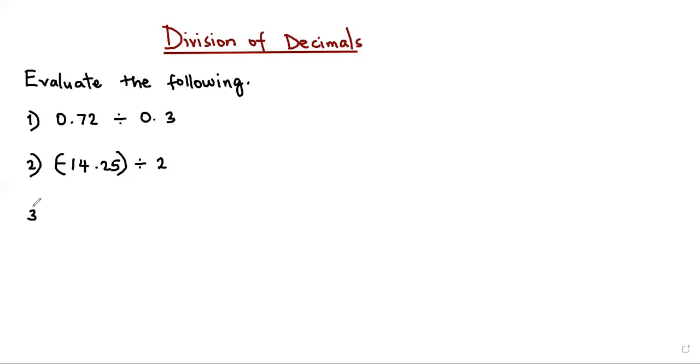And number 3 as negative 36.09 divided by negative 0.9. Okay, so we will first of all have these 3 examples.